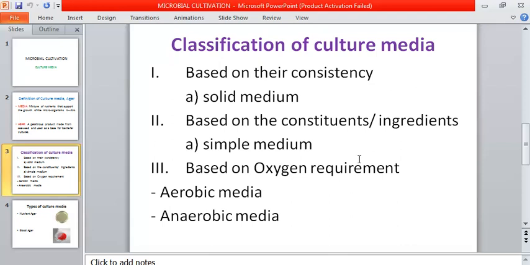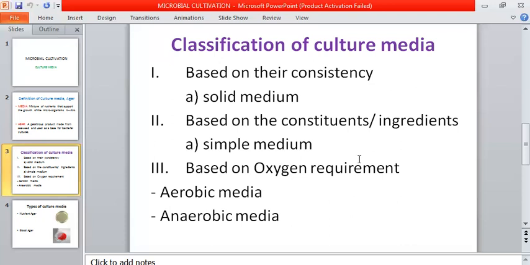So I think we are clear on that area when I was talking about agar. Now, for solid media, we have examples like nutrient agar. That one is a solid medium. For liquid media, we have the example of nutrient broth, which does not have agar inside.